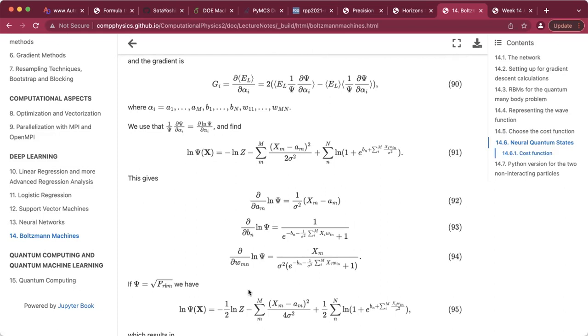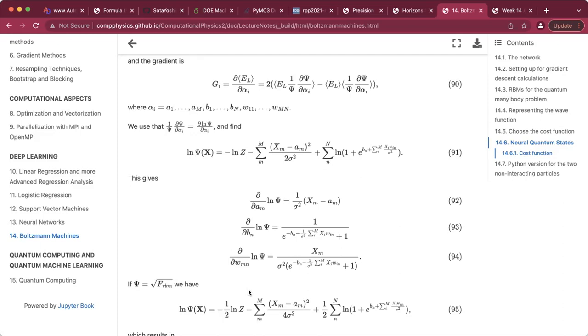Now, when you're dealing with these Boltzmann machines, you're a little bit limited in the sense that you want to have analytical expressions for the derivatives. You can alternatively calculate the derivatives using automatic differentiation, but that leads to more CPU cycles. So using a binary expression or a Gaussian binary expression gives us analytical expressions for the derivatives.